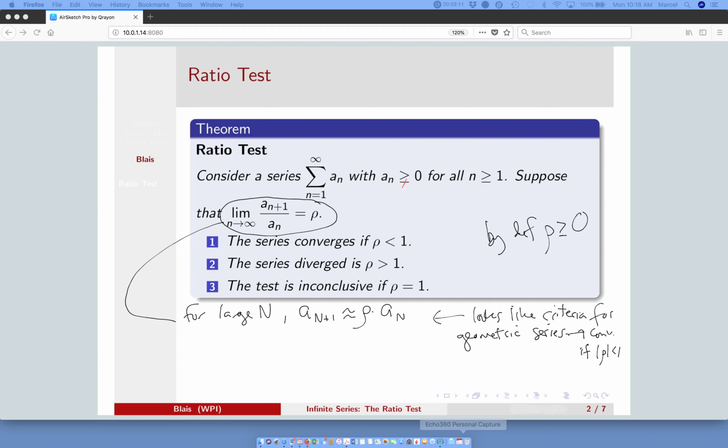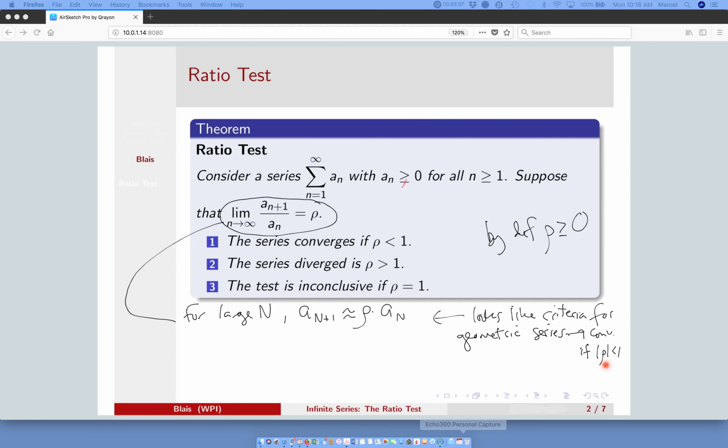So what's happening is this is like having a geometric series where your r term is always greater than or equal to 0. And given that extra caveat, we are just borrowing the convergence criteria for a geometric series. So if rho is less than 1, that's the convergent geometric series case.